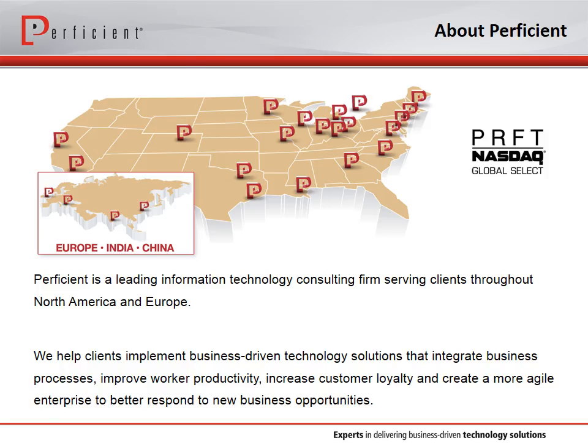Let me start with a little bit of introduction to our company. For those of you who might not know, Perficient is a large global information technology consulting organization. And we serve clients mainly throughout North America and Europe.